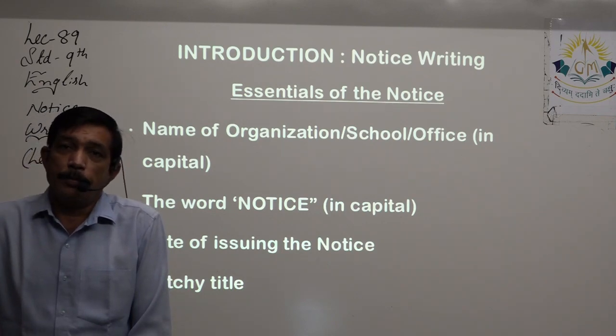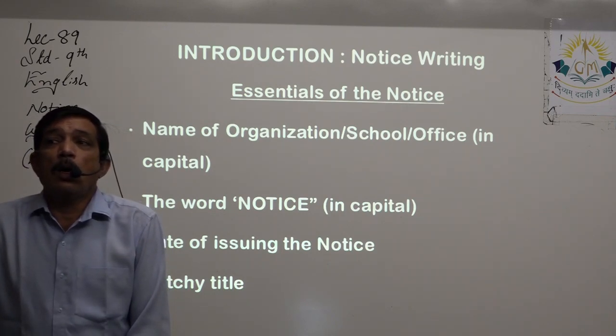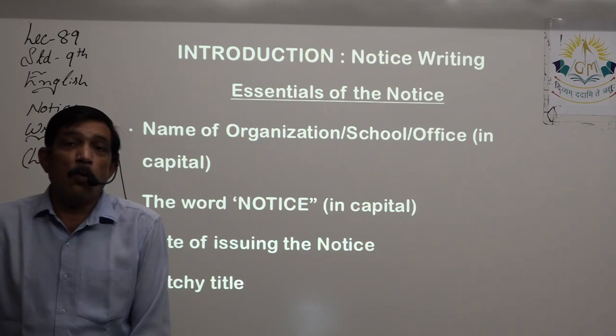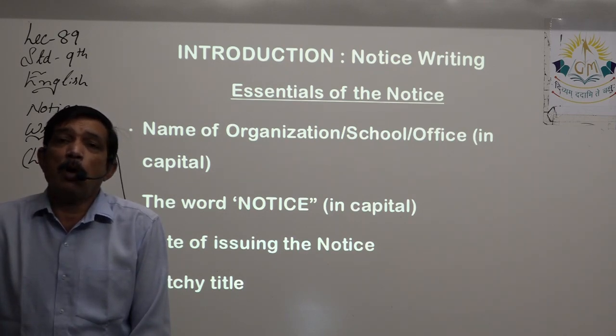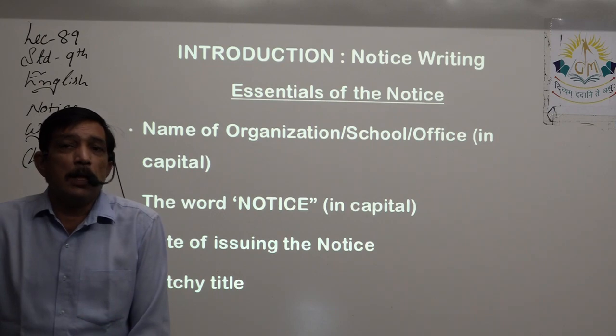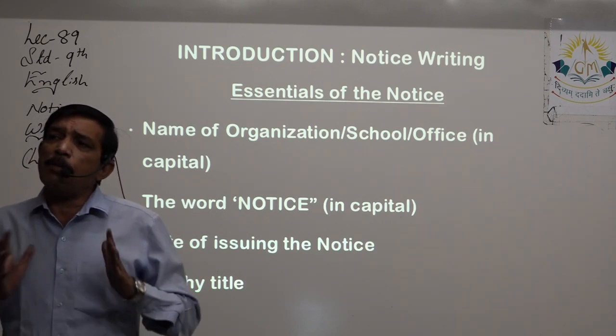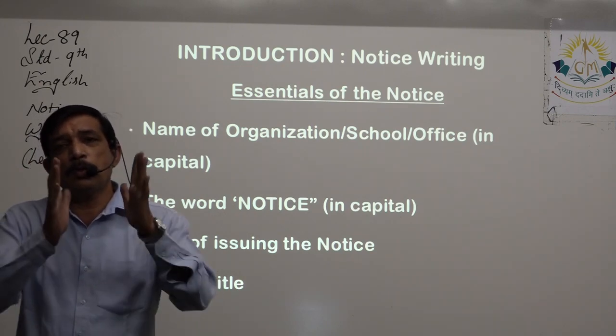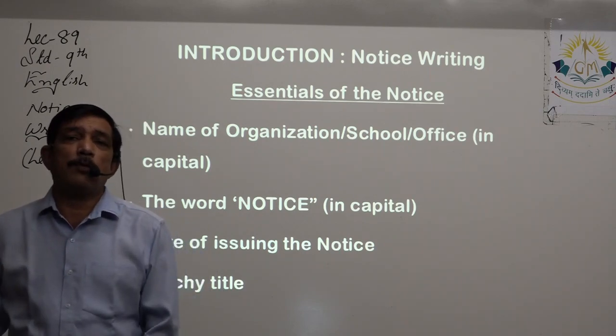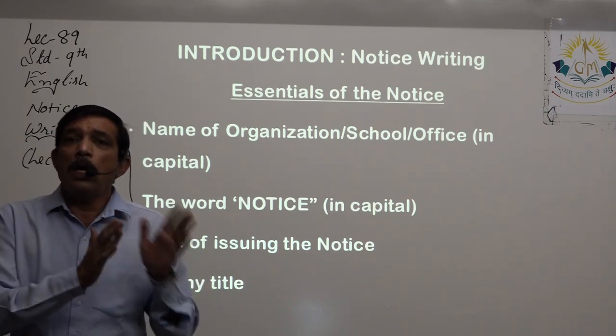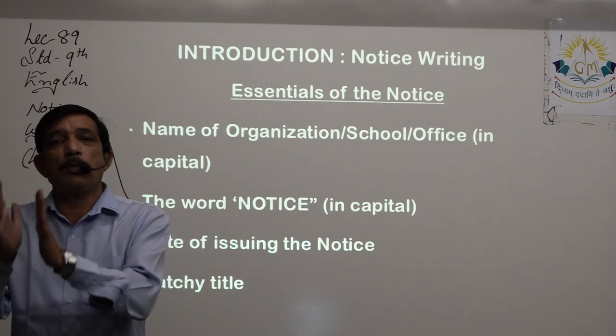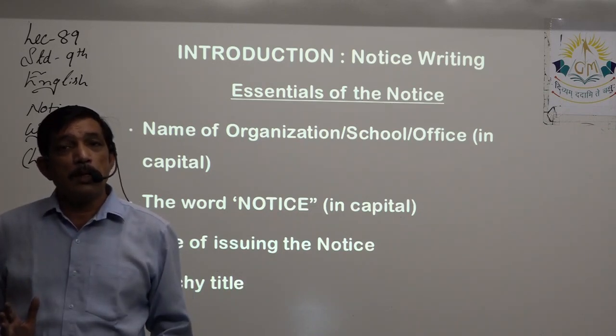So always keep in mind one imaginary name of a school and a city ready with you, that whenever I am asked to write a notice, I am going to write the name of this school, put a comma and put the name of this city, right?